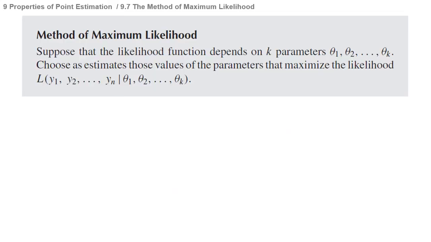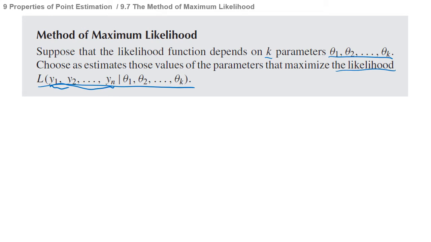In the method of maximum likelihood, suppose that the likelihood function depends on k parameters, theta 1 to theta k. Choose as estimates those values of the parameters that maximize the likelihood. This is the likelihood given the data, where y1 to yn are the given data sets.